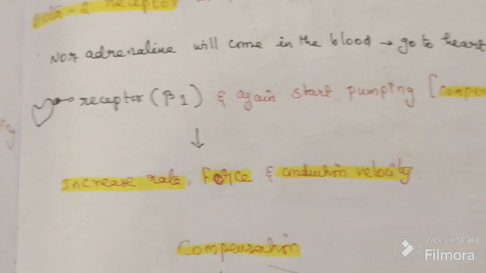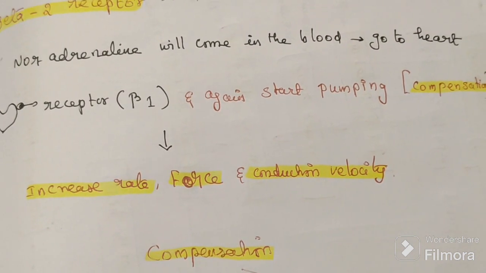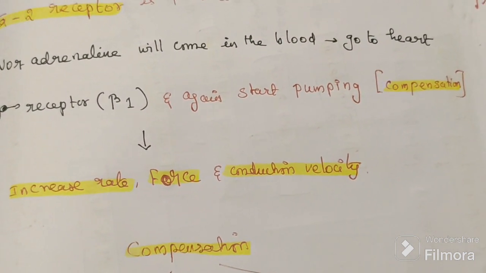So the beta 1 receptors are present and will increase the contraction.